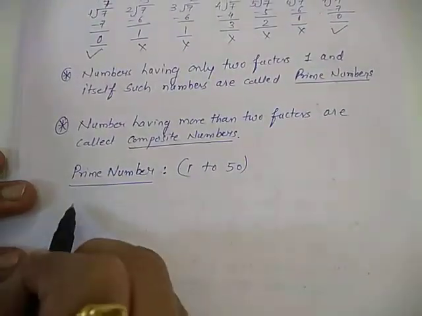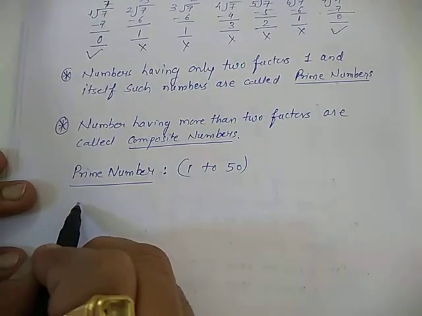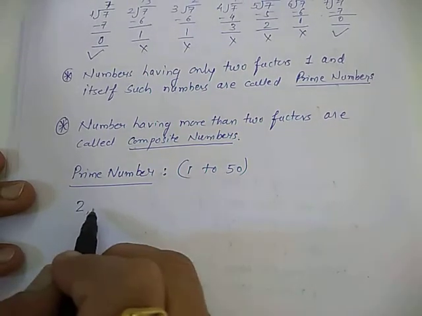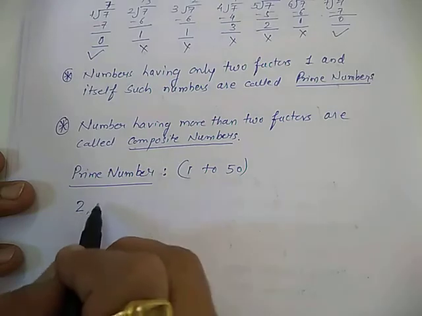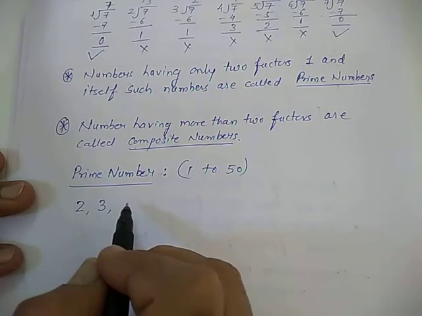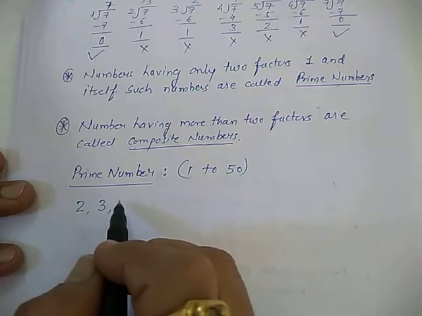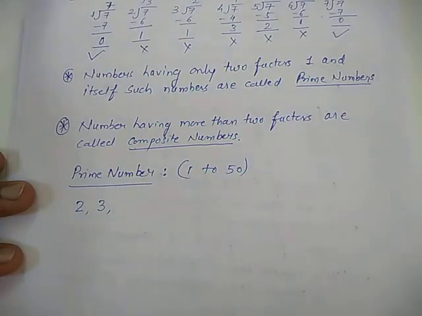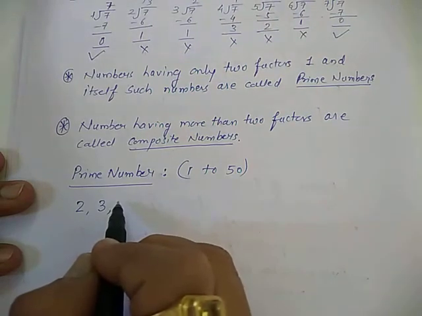We will start with 1. 1 is the special number, so we start with 2. 2 ones are 2 and 1 two is 2. Then we can get 3. 3 ones are 3 and 1 three is 3. None of the other numbers is a factor of it. 4: we will not take 4, because 2 twos is also 4, and 1 four is also 4. So the factors of 4 are 1, 2 and 4, which is more than 2. Clear?